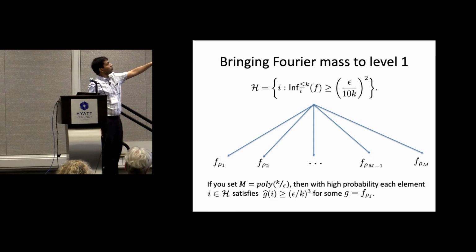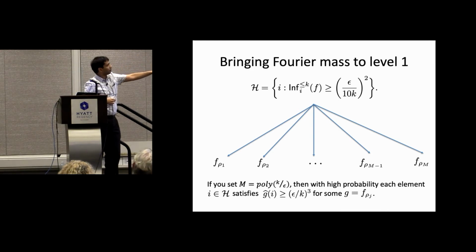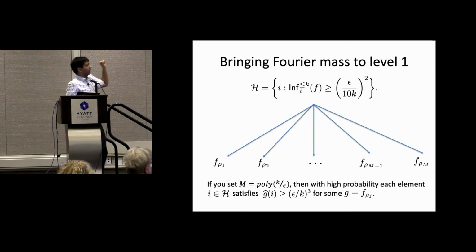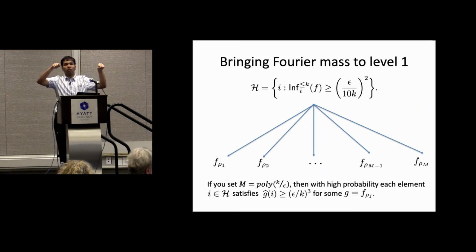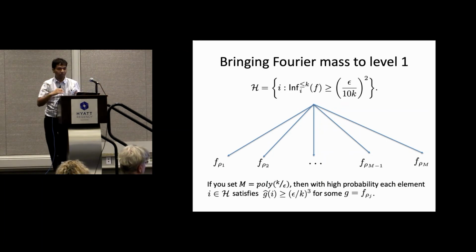probability, for any particular variable i appearing in H, it will have the property that for at least one of these functions, f_rho_j, the variable i will satisfy ĝ(i) is at least some poly(epsilon/k), where g is some f_rho_j. So by doing this random restriction, if a variable earlier had high degree-k influence, now in one of the functions in this list, it will have high degree-1 influence.